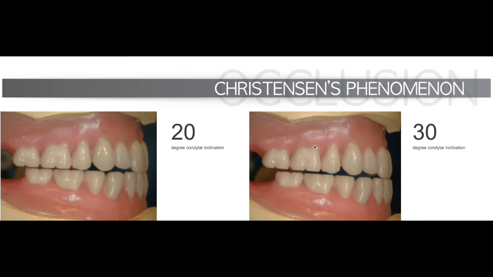As you notice, the posterior teeth gap when the patient is in protrusion has different spaces depending on the degree of condylar inclination. So a higher condylar inclination means a larger gap between the posterior teeth when the mandible is in protrusion.